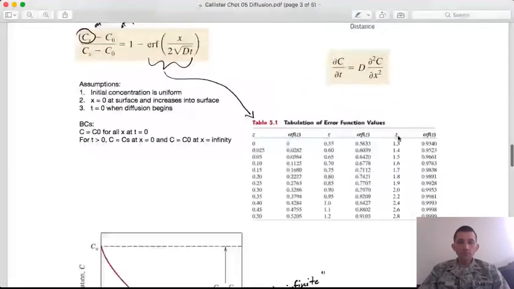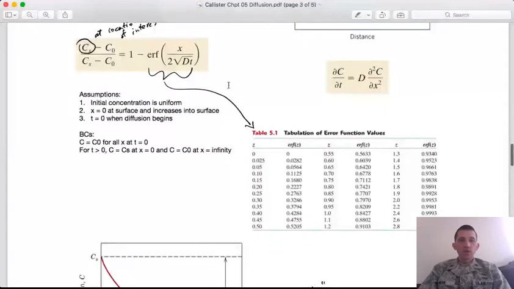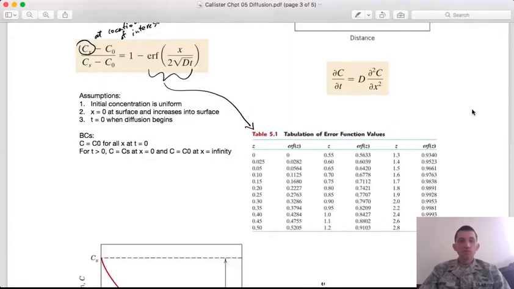And for the purposes of this class, the error function, we have tabulated values that allow you to evaluate and invert this error function in order to solve for x or time or whatever it is you're looking for in your particular problem, and we'll do an example of this here at the end of this set of notes.